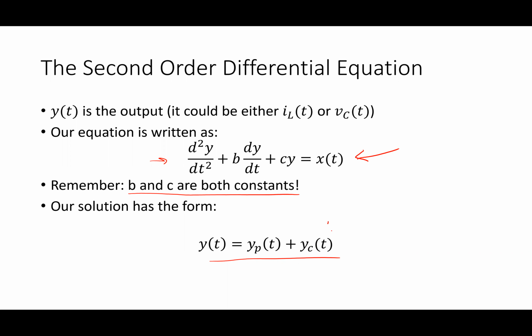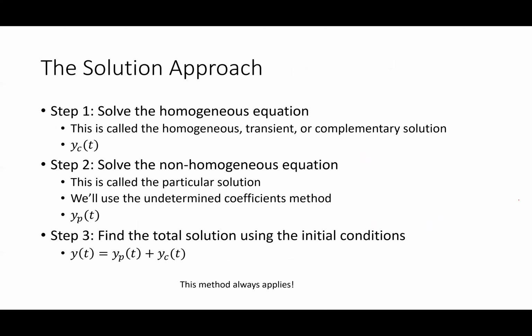But what's true about this homogeneous response here? It's going to be C1 e to the S1t plus what? C2 e to the S2t. There's always two pieces to that transient response. There's two exponentials. They could be complex, all right?